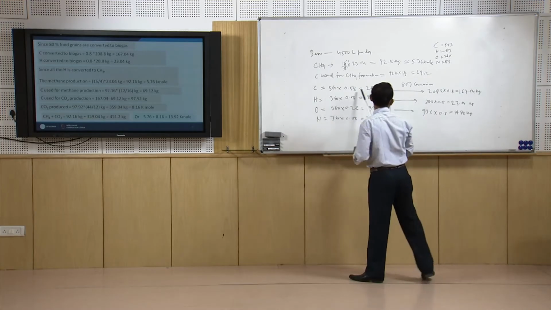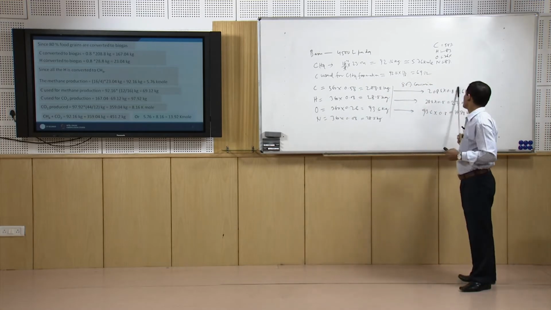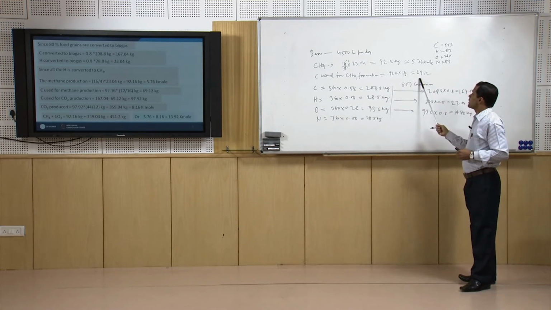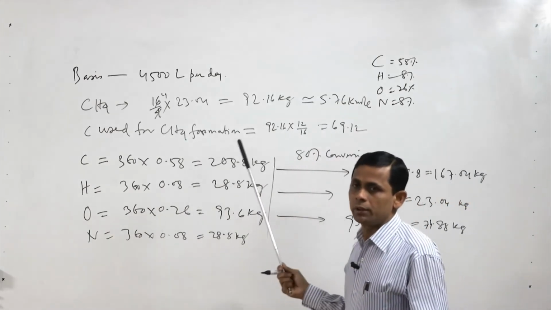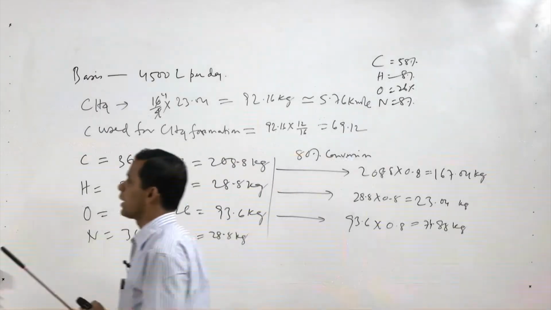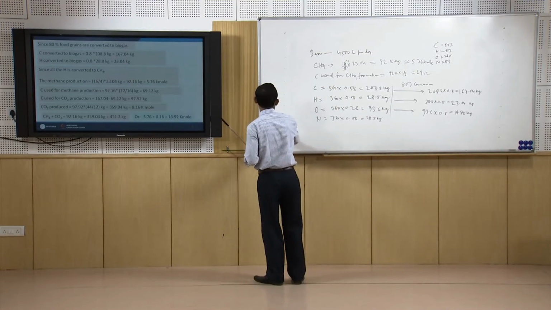So, how much carbon did we have? 167.04 converted, and 69.12 is for methane production. The rest of the carbon will be used for the production of carbon dioxide. So, carbon used for carbon dioxide production.